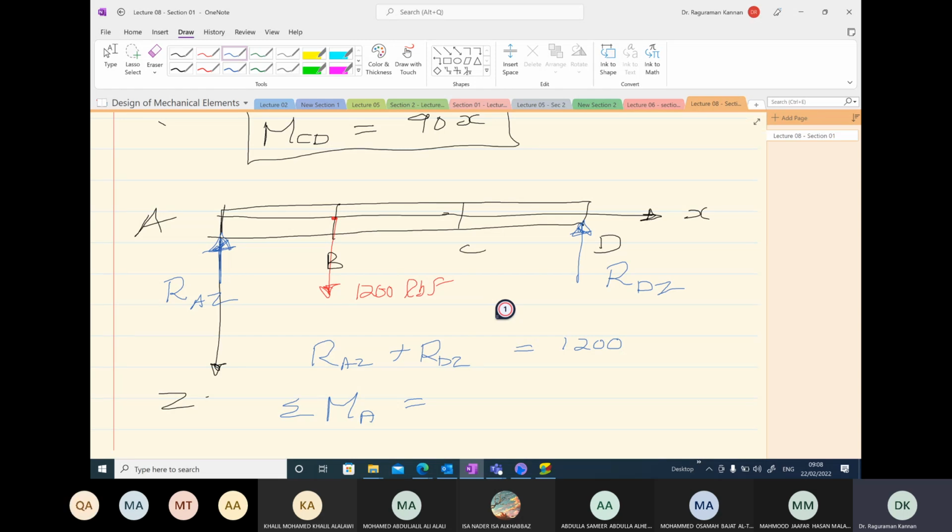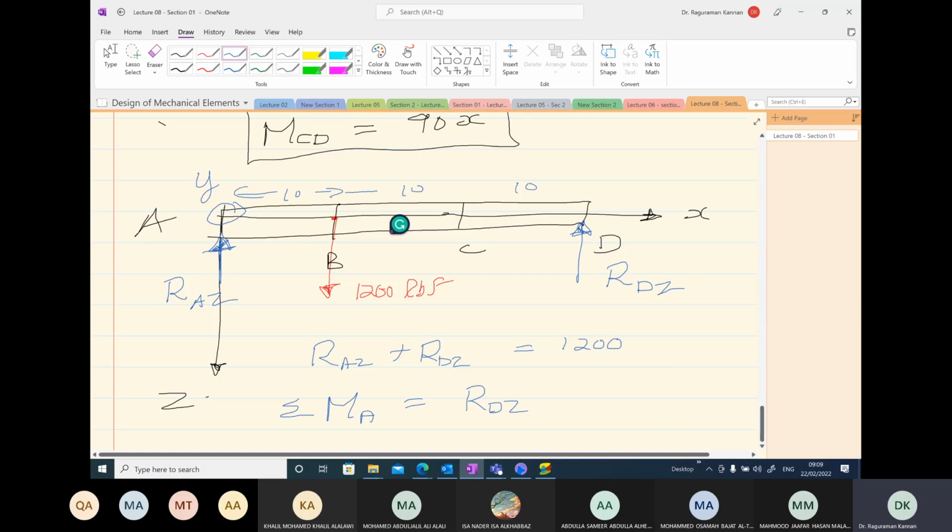If you use your right hand system, we need to be careful where the y-axis is. The y-axis is coming right out of the board. So if you use the right hand system, then the anti-clockwise direction is the positive direction. So we get RDZ, and remember 10, 10, 10 inches are the distances.